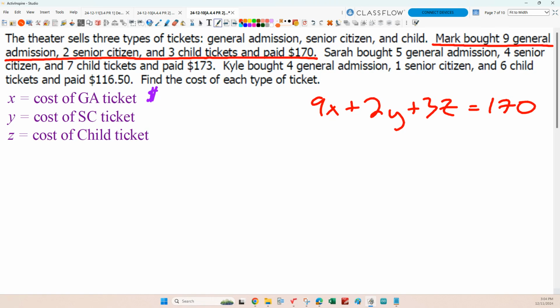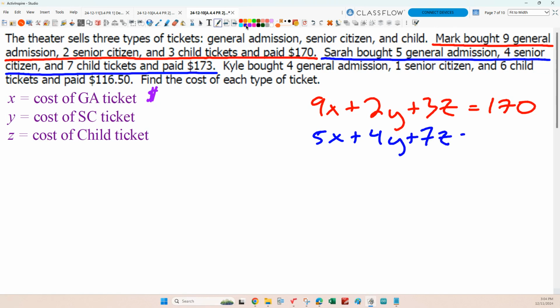There's equation 1. So this gets pretty easy then because it's very repetitive, right? All the other sentences are just like that one. So what does the next sentence tell us about Sarah? Plus equals 173. There you go. And then finally, the last sentence is just the same pattern, right?